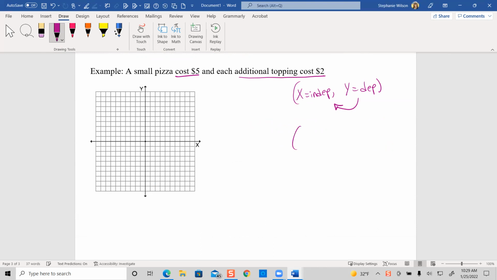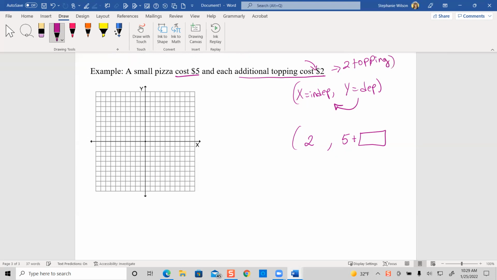So what does this tell me? This tells me that the cost is my y, right? So it's going to be 5 plus whatever I add on if we add additional toppings. If not, then we're just going to have $5, right? Let's say we're going to add two toppings.